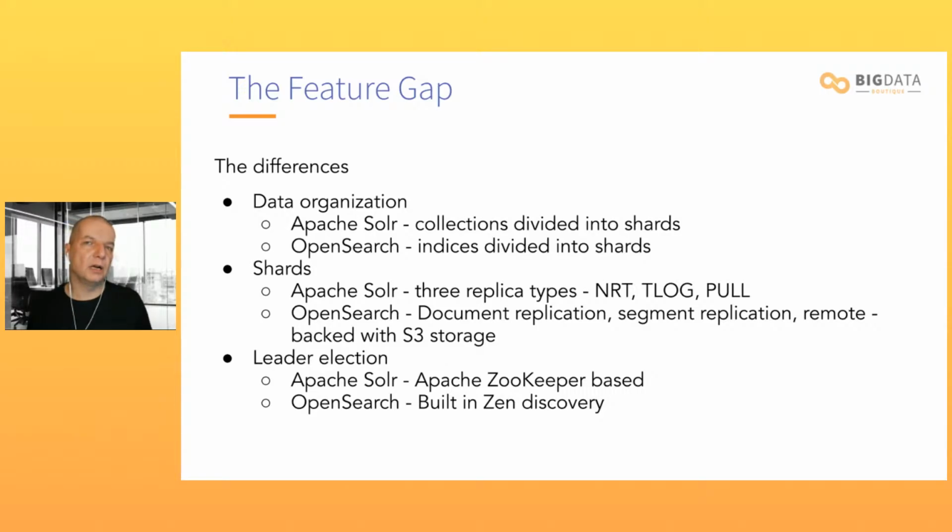Some of them are designed like the NRT one, near real time, which is designed to have as small a latency as possible between the update and when the document becomes visible to search.